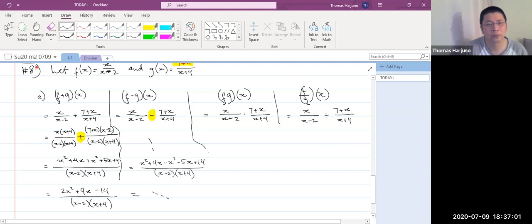Okay, what if I multiply? Well, just like before, we multiply as usual, the top with the top, the bottom with the bottom, and I will just leave them factorized.